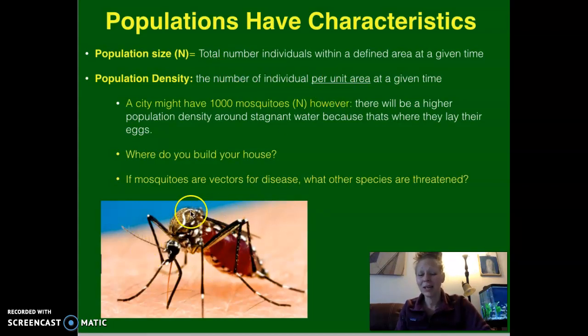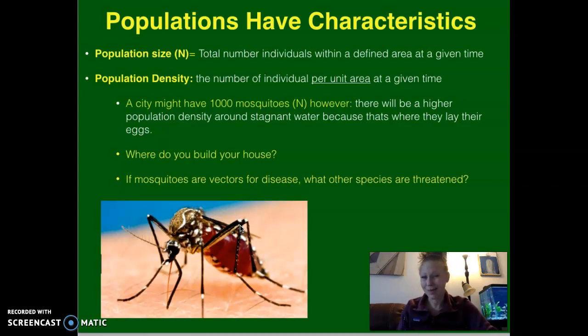And we're going to start looking at these mosquitoes because the Edpuzzle at the end of the notes is going to talk about mosquitoes. And so it is important to understand where and when populations might boom or bust, when they'll grow or decrease.